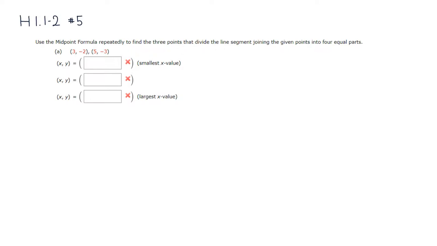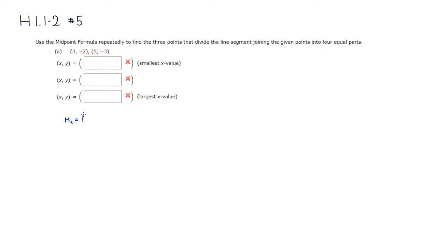I'm just going to do part A because part B is almost exactly the same. Let's find the midpoint between these two points. I'm going to call it M2, between these two.